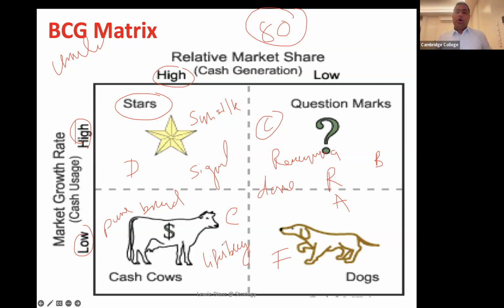where would you want all their brands to be? Can you please type? I'm asking you a question. I want all of you to type. Where would you want all their brands to be? Ideally in the BCG. Can you please type? Please type. Where would you want all their brands to be?